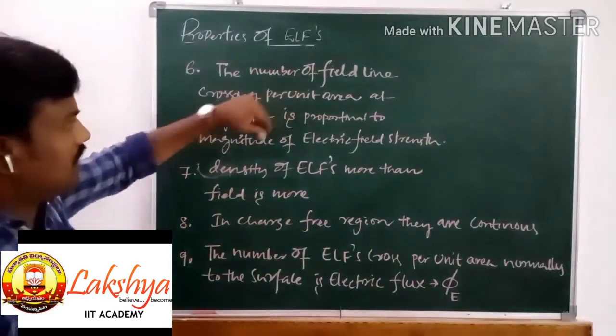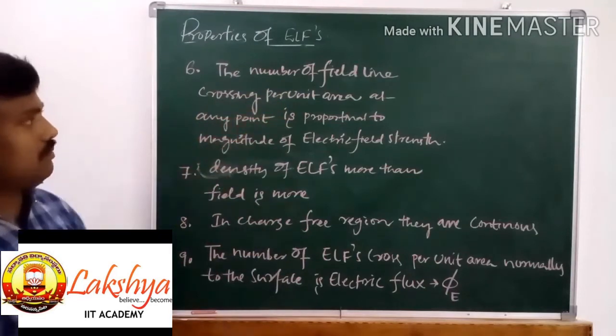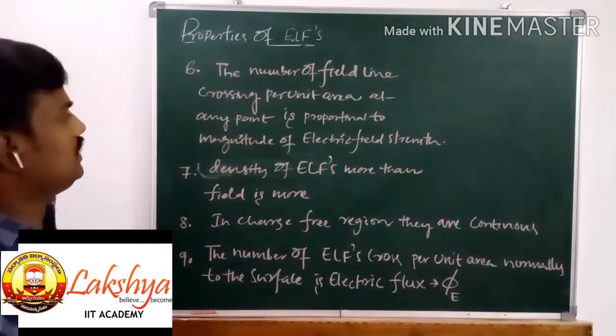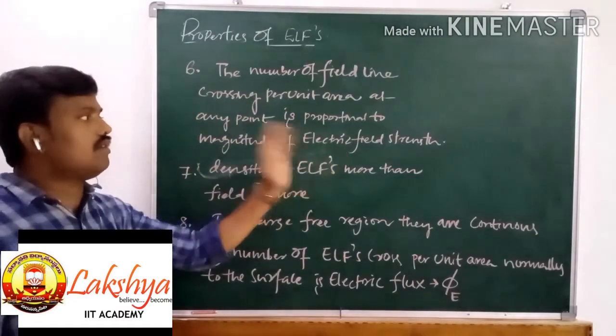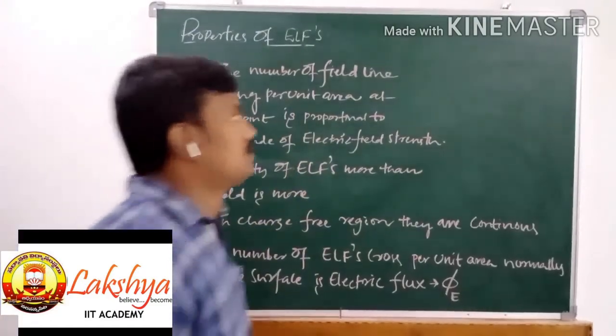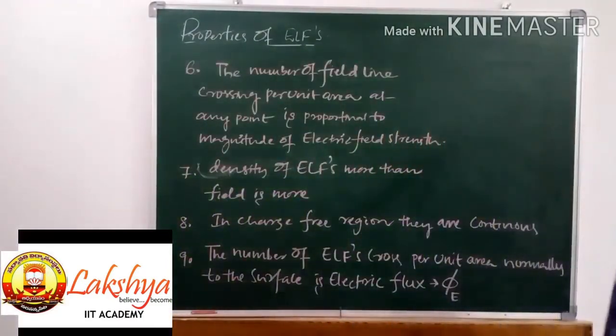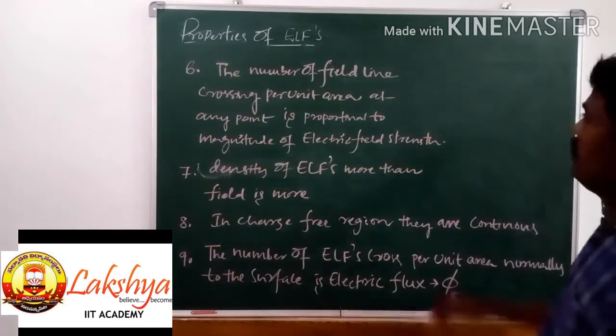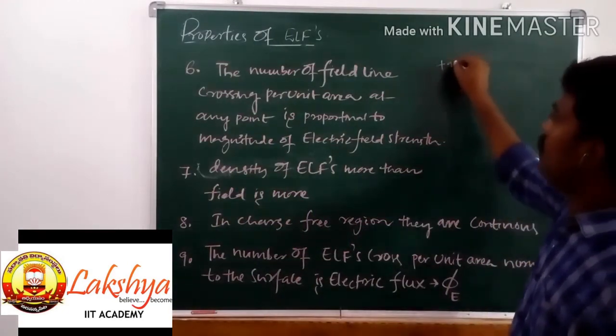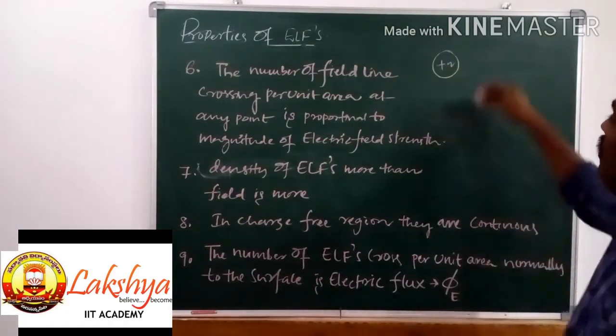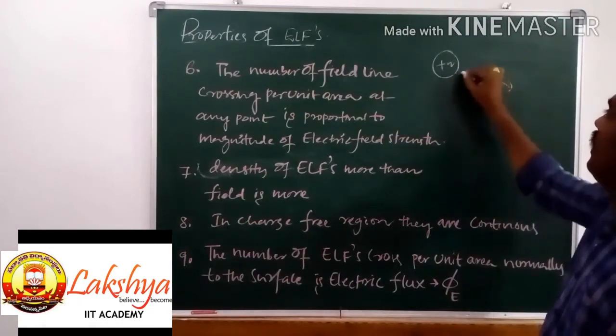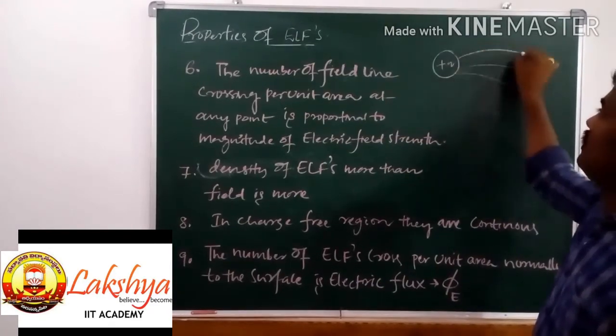Now the sixth point: the number of field lines crossing per unit area at any point is proportional to the magnitude of the electric field strength. Suppose here you take a positive charge and draw the electric lines of force like this.